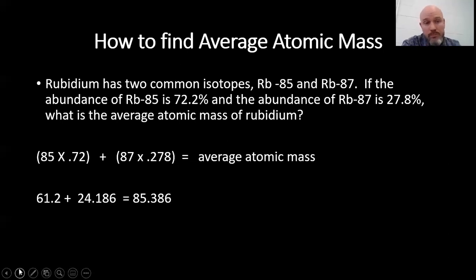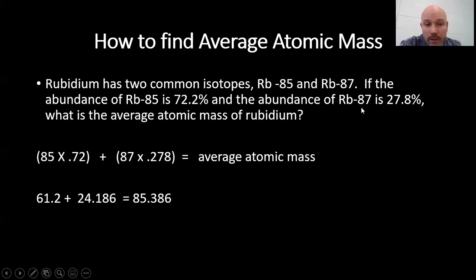What you do is take the atomic masses and multiply them by the occurrence or the percentage. Here we have 85 times 0.72. Now this is important: you have to take this percentage and put it into a decimal. If you have a percentage, you move the decimal point over 2 spots to the left. So we have 85 times 0.72 for Rb85.